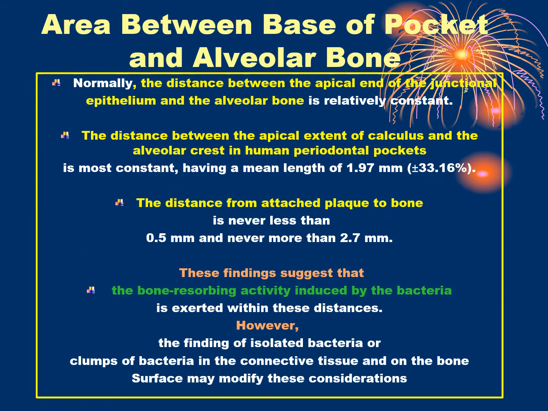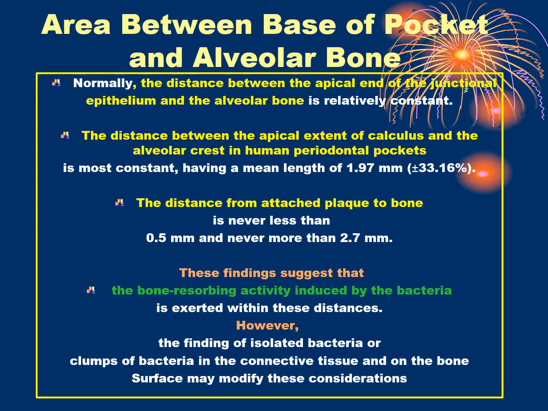Normally, the distance between the apical end of the junctional epithelium and the alveolar bone is relatively constant, while the distance between the apical extent of calculus and the alveolar crest in human periodontal pockets is most constant, having a mean length of 1.97 mm.